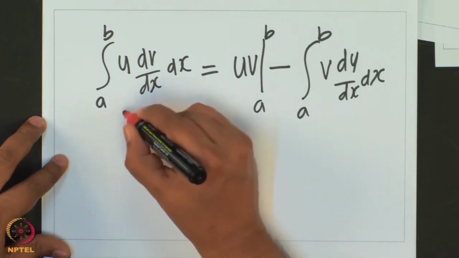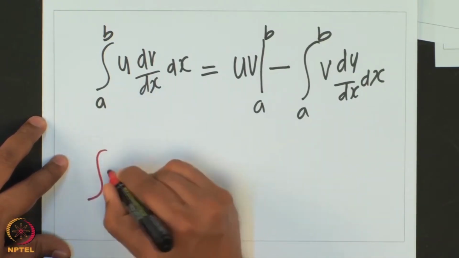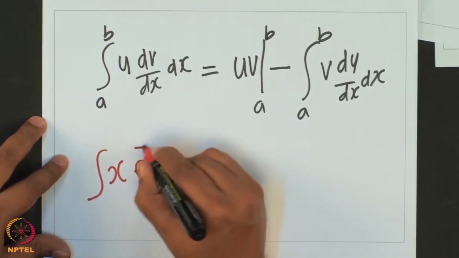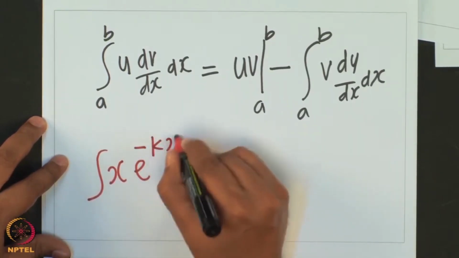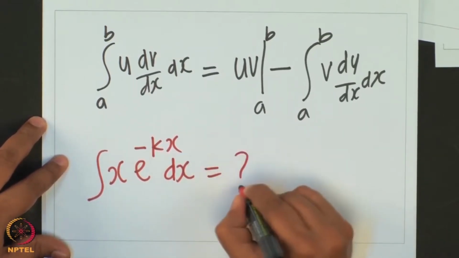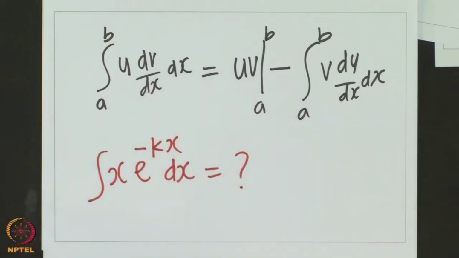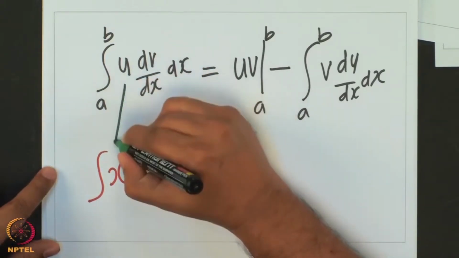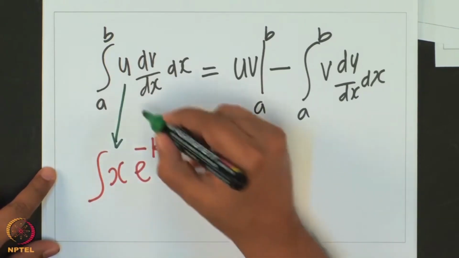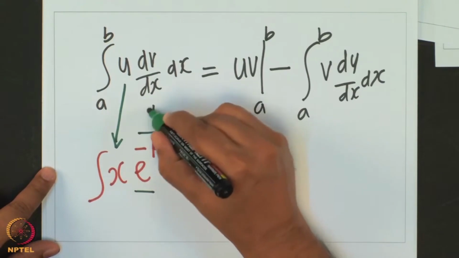So for example, I could start, if you want to calculate the integral of x e power minus kx dx, we would use this idea where we would consider x as u and e power minus kx as dv by dx.